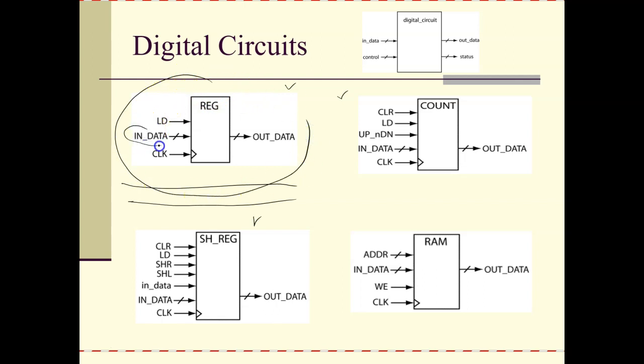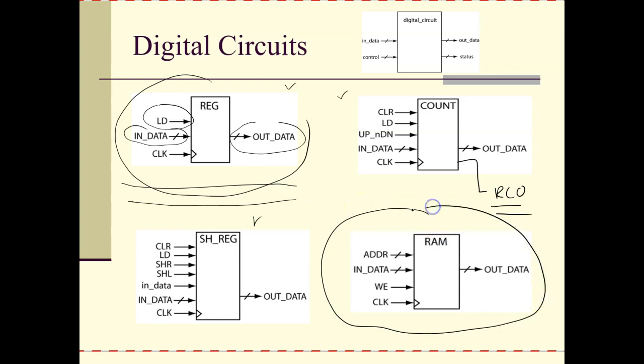It has data coming in, it has data coming out, and it has a control signal, which controls the loading of that data. Typically, on a counter, we'll have an RCO, which will be a status output, etc. So what we're going to get into in this chapter, in our new stuff, is structured memory. This happens to be a random access memory.